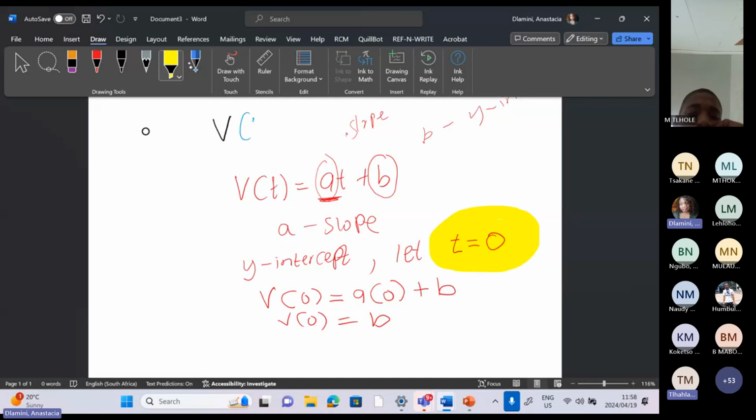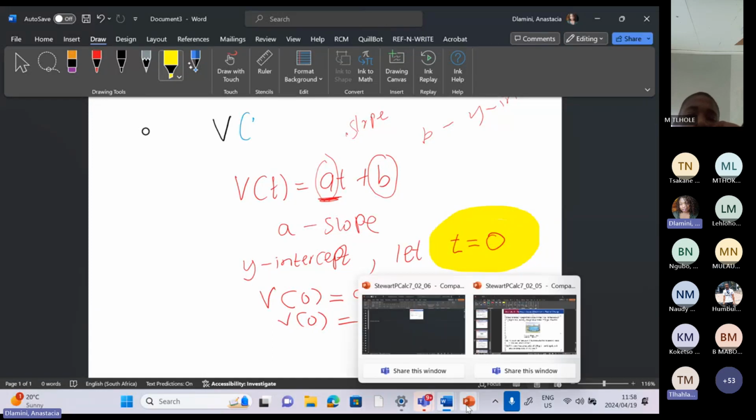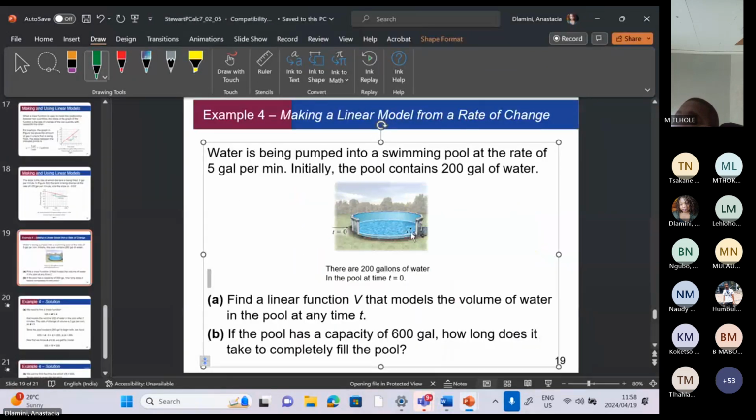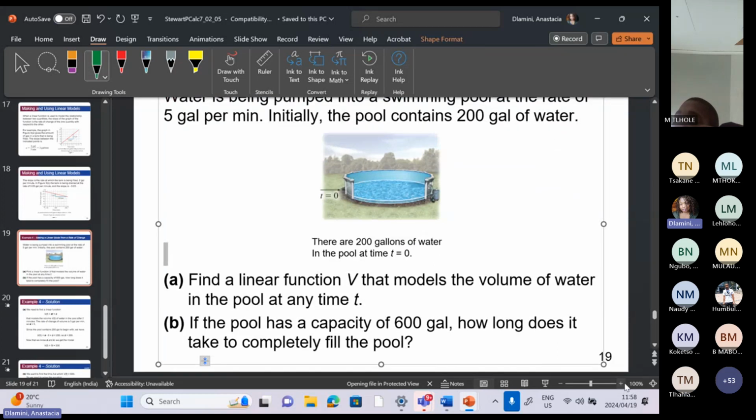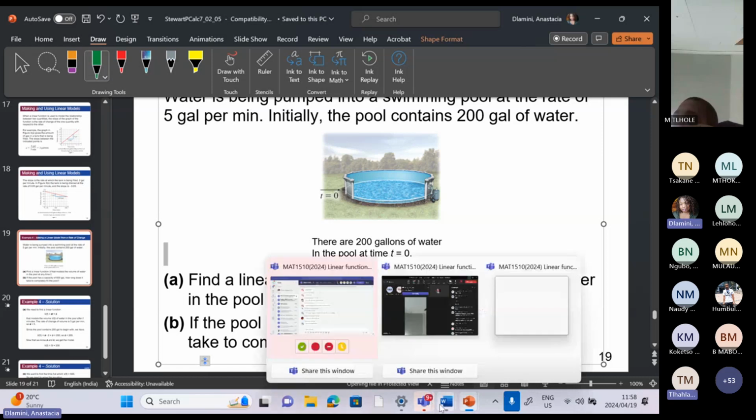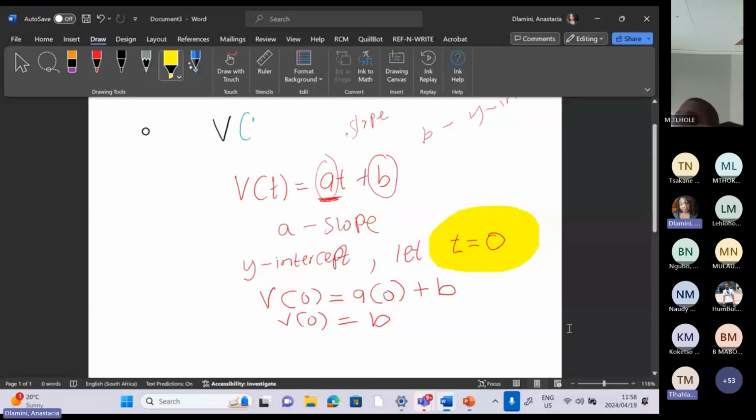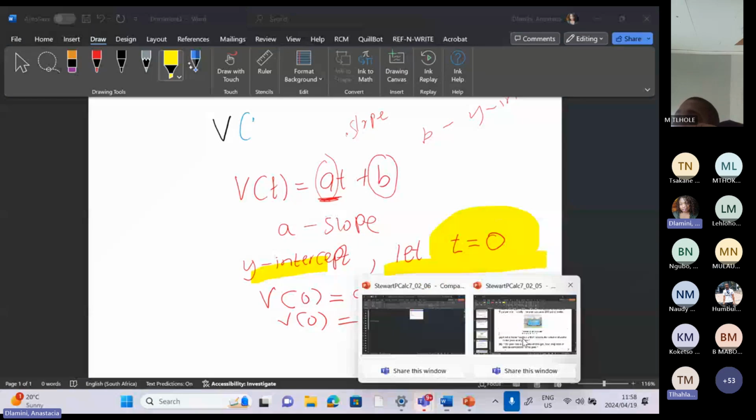Are we together, guys? Are you seeing my point of doing this? Initially, if we look at our straight line, it's in time. So the y-intercept will be the point initially, t equals 0. We say y-intercept, let t equal 0.